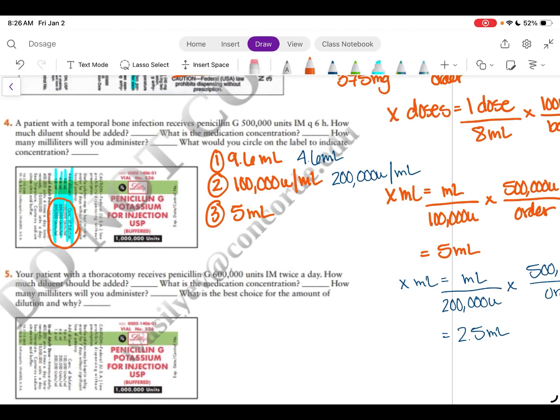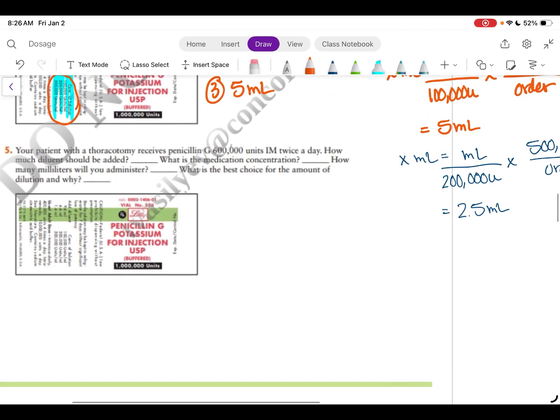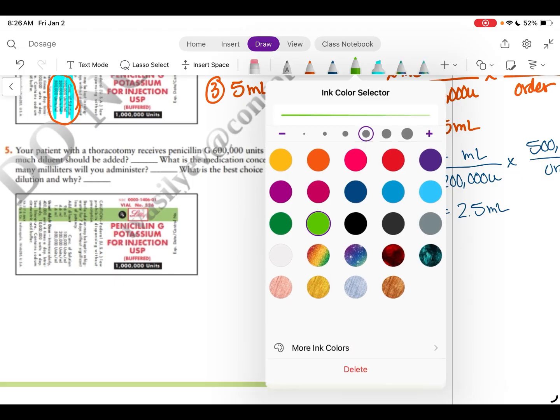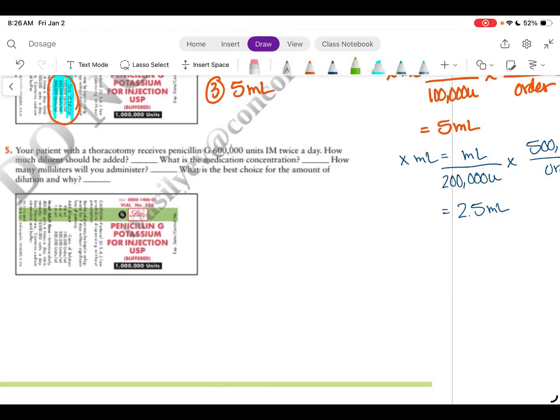All right. Let's try another one of these with number 5. Let me pick more colors here. We'll stick with green, actually. Okay. Your patient with a thoracotomy receives penicillin G 600,000 units IM twice a day. How much diluent should be added? So again, we're looking right here, right? So let's say again that I want to do the 9.6 milliliters. Okay. What is my medication concentration in that case?